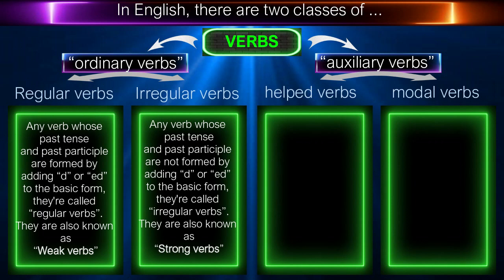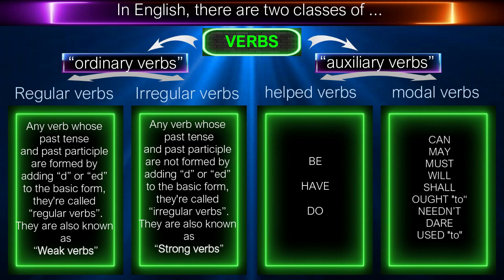There are 3 helped verbs: be, have, and do. And there are 9 modal verbs: can, may, must, will, shall, ought to, needn't, dare, and used to.